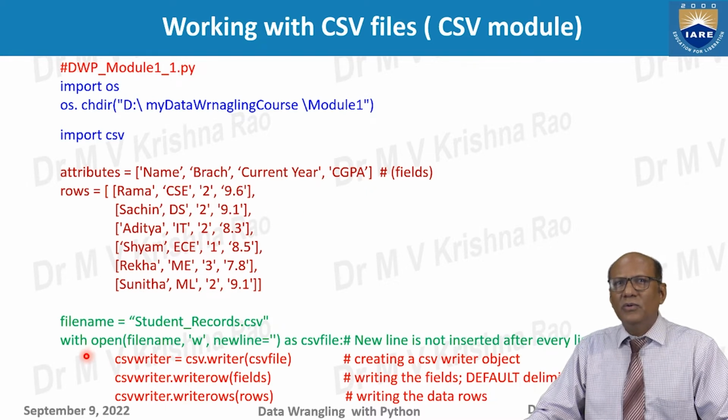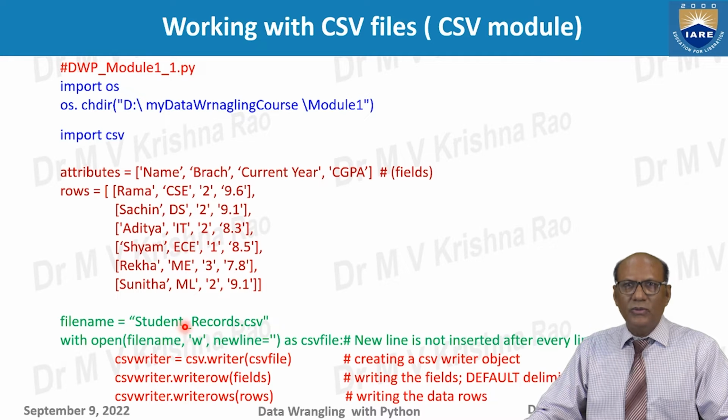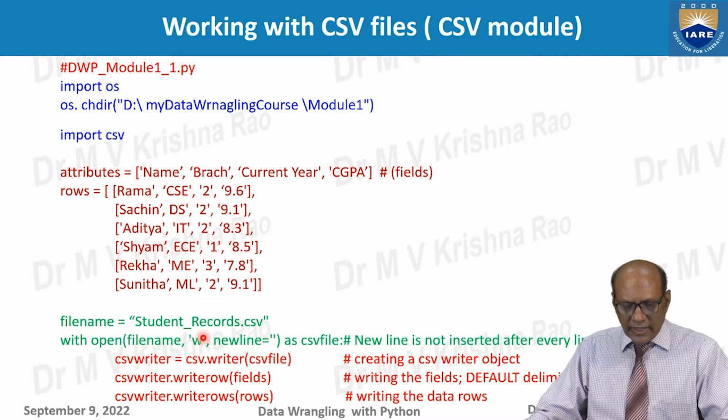This data we are going to write into a file called student_records.csv. Now, once you specify this file, we have to open it in write mode, which allows writing. Then newline equal to blank.